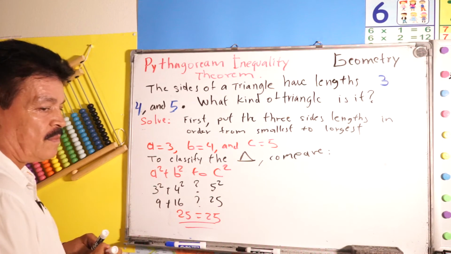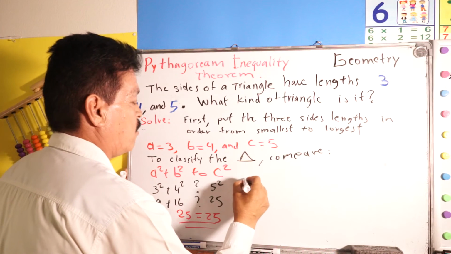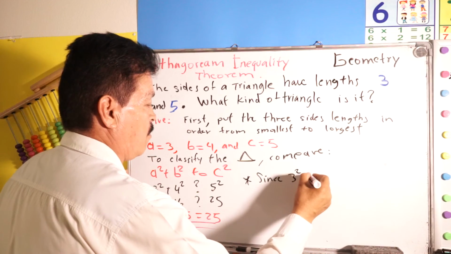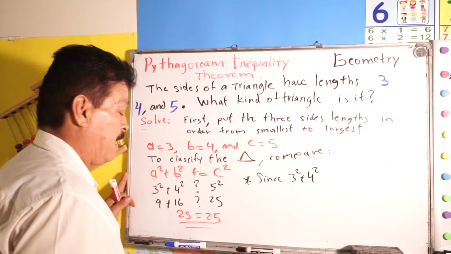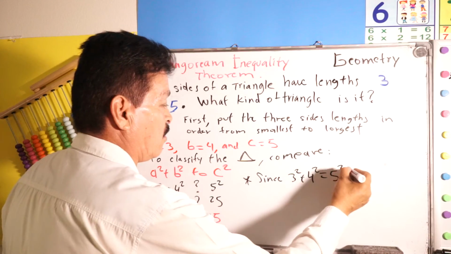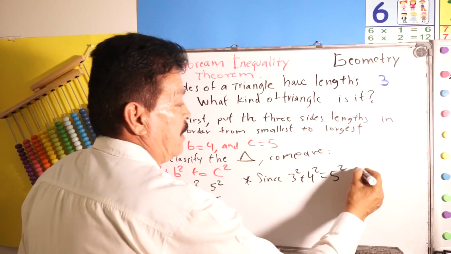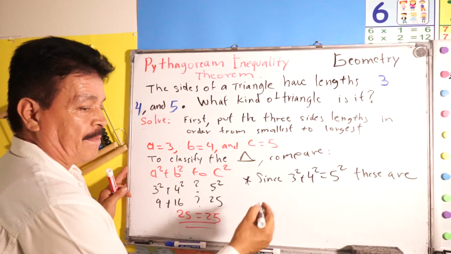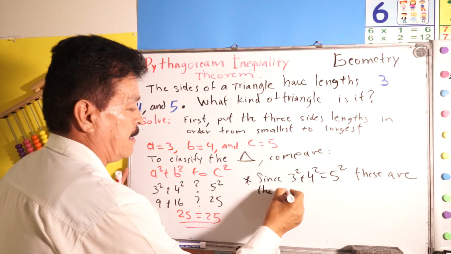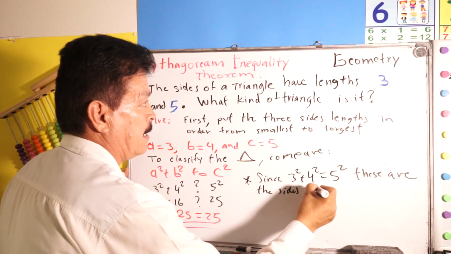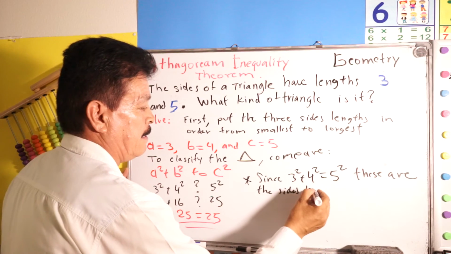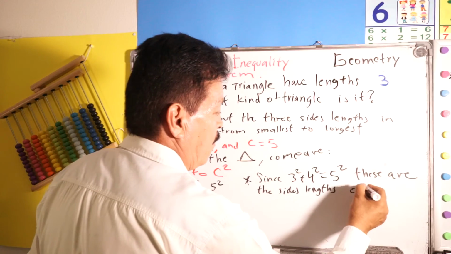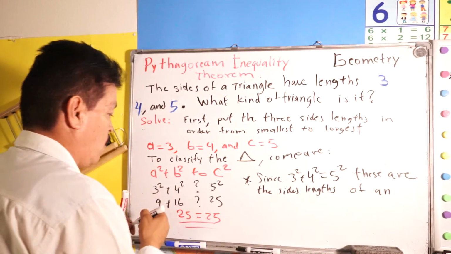So since 3 to the second power plus 4 to the second power equals 5 to the second power, these are the side lengths of what kind of triangle?